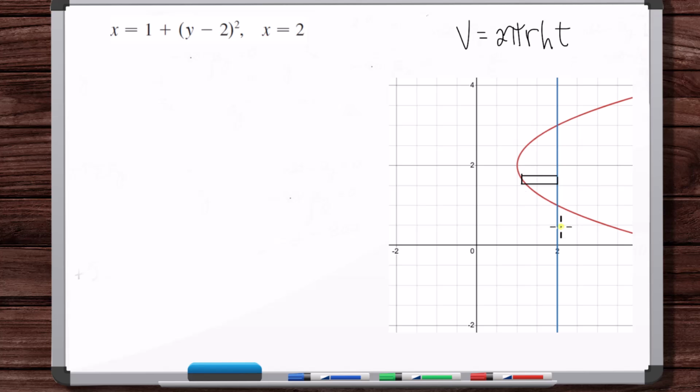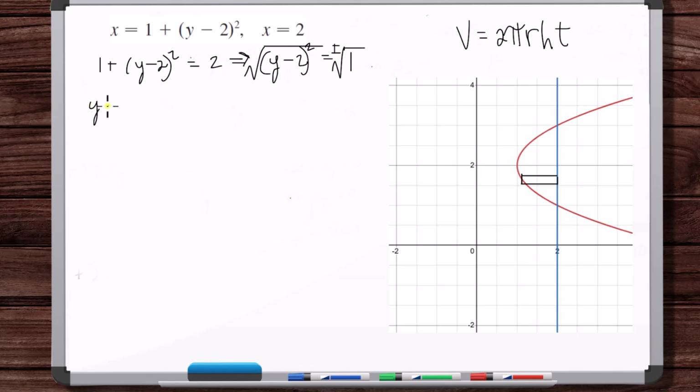And so the limits of integration look like they're going to be from here to here. But let's solve for what these y values are. So we set these two equations equal and solve for y. So plus or minus.